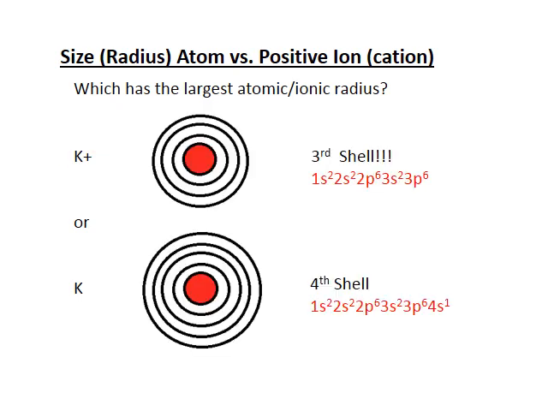If I'm looking at the electron arrangement for potassium, it's 1s2, 2s2, 2p6, 3s2, 3p6, 4s1. When I take an electron away, I always take out the outermost electron. That's going to be the easiest one to grab. And if I grab that fourth shell electron away, that's going to leave me with just three shells of electrons. So taking an electron away will make an atom smaller.